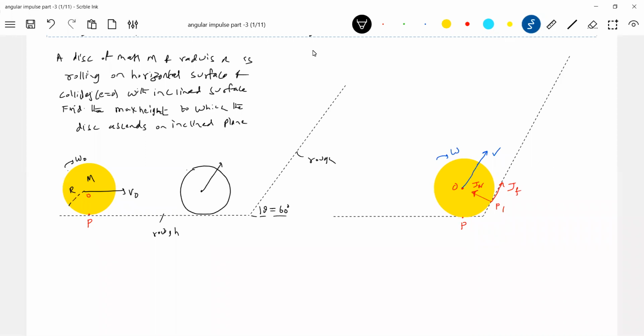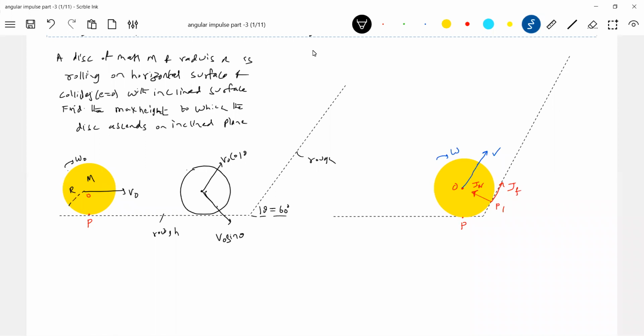So two components will come: V naught cos theta, and another will be V naught sin theta. I agree with this. So what will happen to V naught sin theta? Since e equals 0, it should be nullified by Jn. Fine. So it will have V naught cos theta.